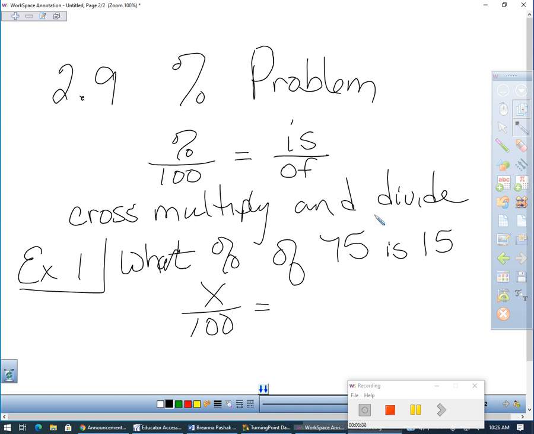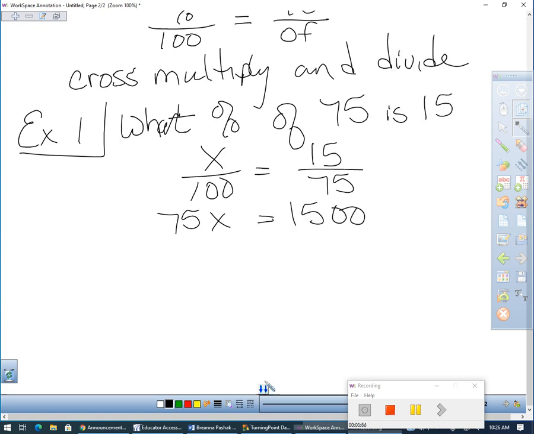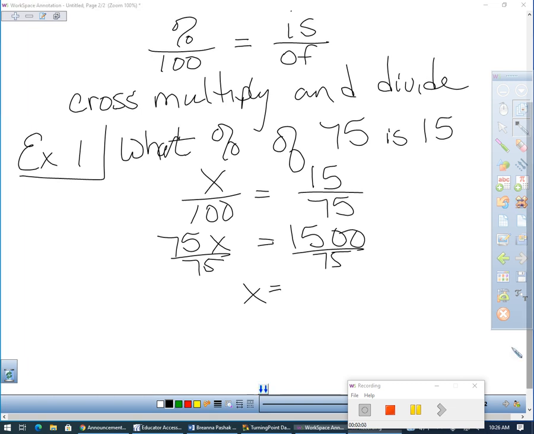Out of this, which number is? 15 over 75. Then we cross multiply. X times 75 is 75x equals 100 times 15 or 1500. Dividing both sides by 75, x equals... it is 20%.